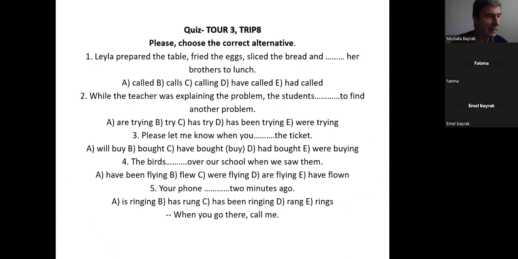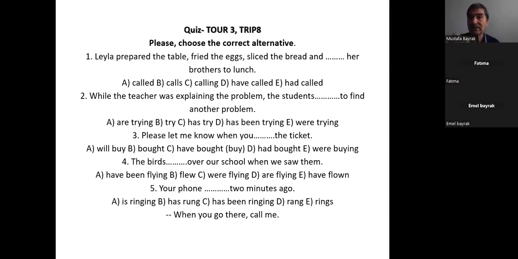Okay, quiz time. Please choose the correct alternative. Question 1, Leyla prepared the table, fried the eggs. Simple past tense. So this is also reduction. Leyla prepared the table. She fried the eggs.